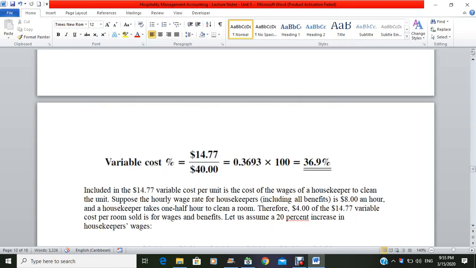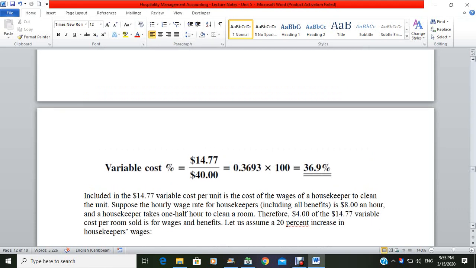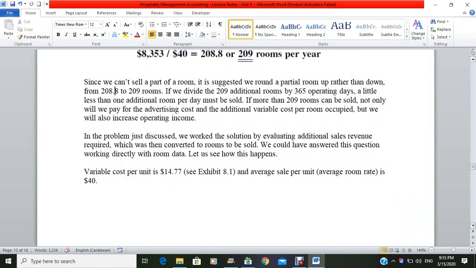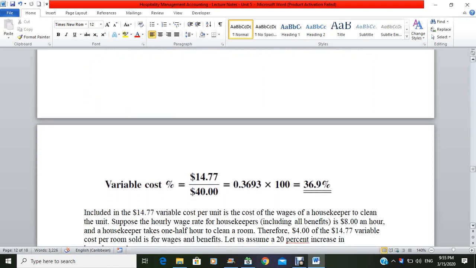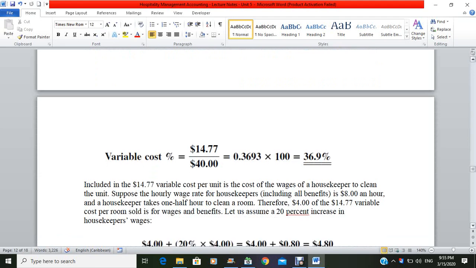I'm going to show you where the increase from 36.9% came from. Let me backtrack a little bit in this question. Now, let us look at how this works. Variable cost per unit is almost $14.77, right? Originally, average sale per unit is $40. Variable cost percentage now is 36.9%. Good.